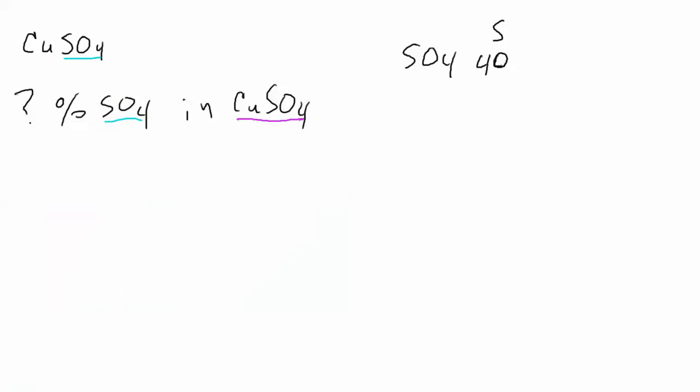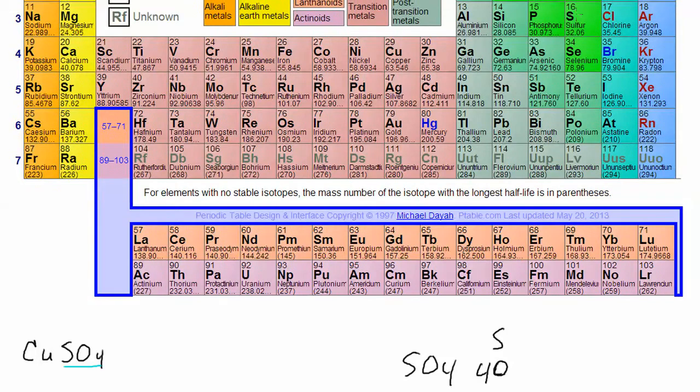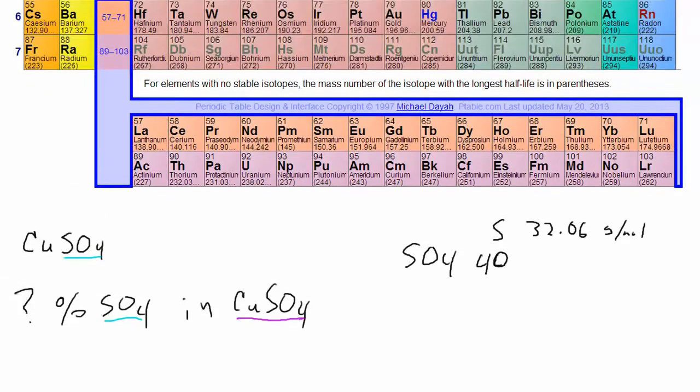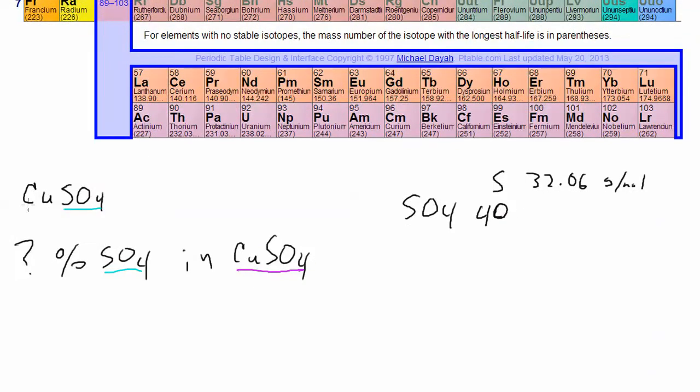And let's go back up to the periodic table. I need the molar mass of sulfur to 2 decimal places, which is 32.06 grams per mole. And oxygen to 2 decimal places is 16.00, but I have 4 of those.